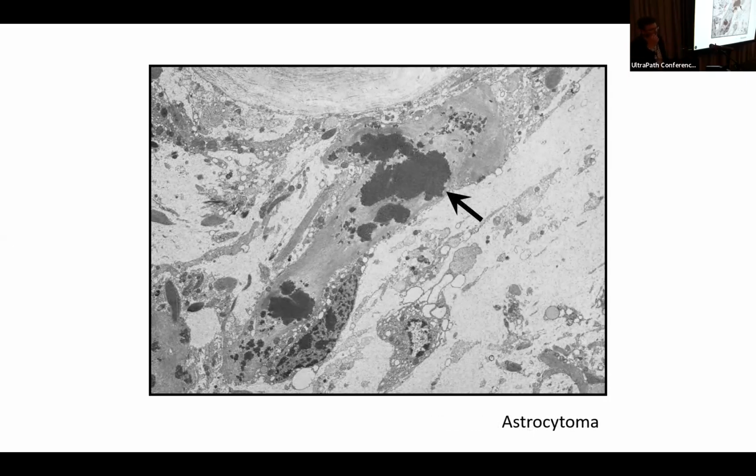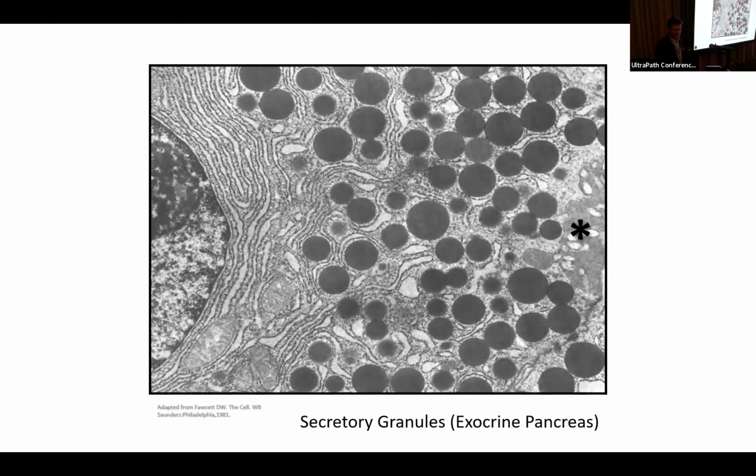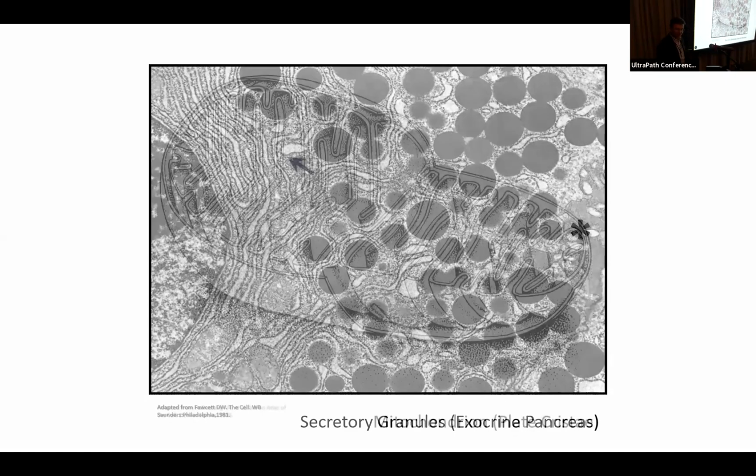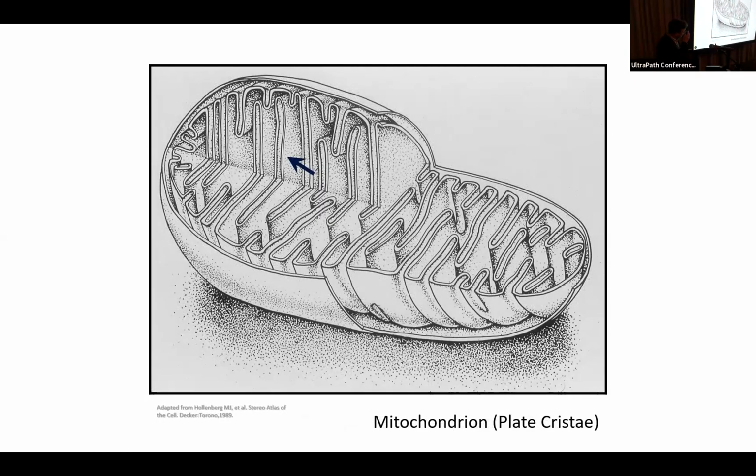The presence of Rosenthal fibers within neoplastic cells from a brain tumor would point to a diagnosis of astrocytoma. The particular morphologic characteristics of secretory granules and the mode of their export, here moving out towards the lumen, can also help identify the cell type involved.